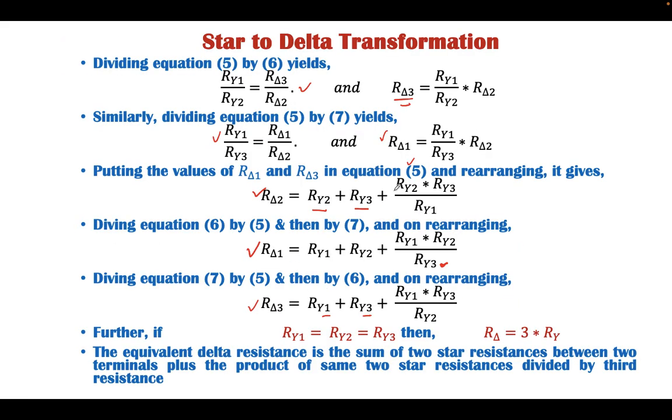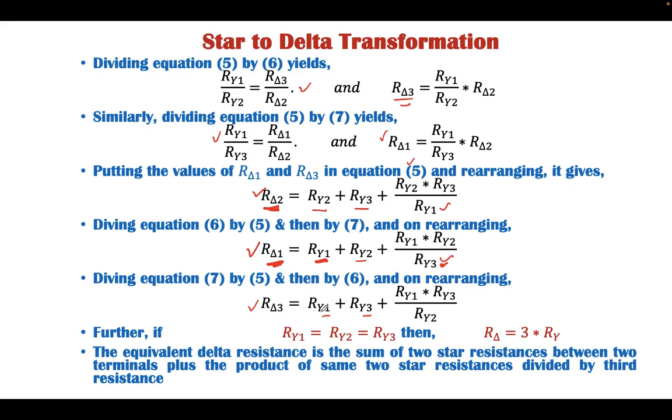Here it can be easily observed that R delta 2 is equal to R star 2 plus R star 3, plus the product of these two resistances divided by the third resistance. Similarly, we can calculate R delta 1: the sum of the two star resistances across which R delta 1 is connected, and the product of these two resistances divided by the third resistance.